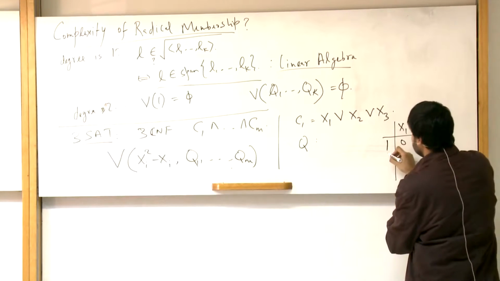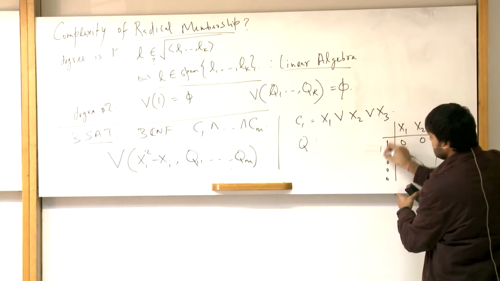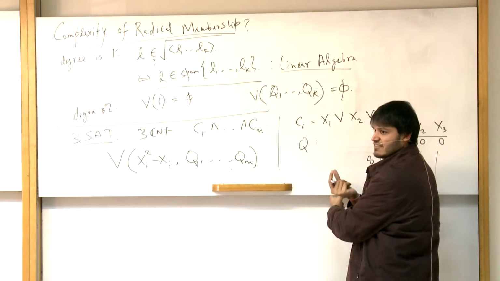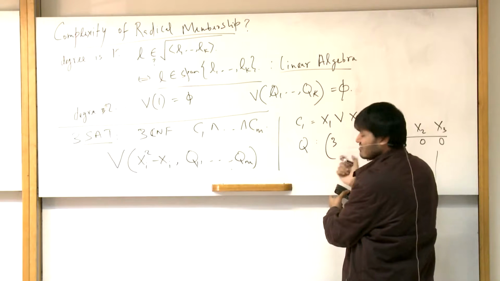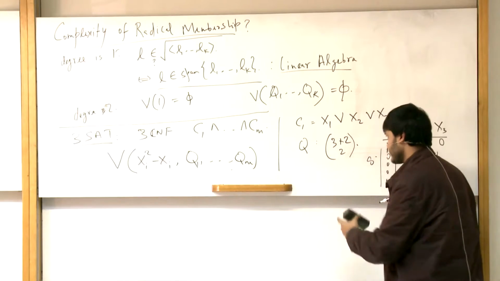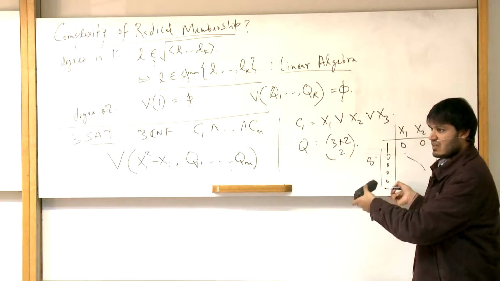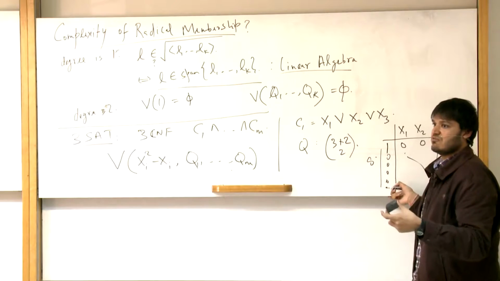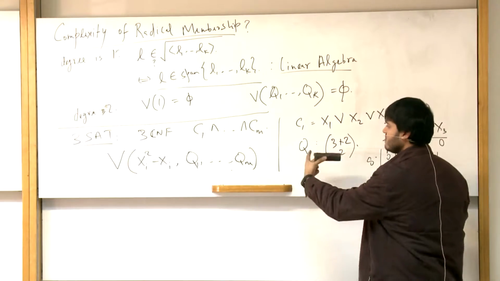Otherwise, this is 0, 0, 0. How many constraints are there? There are 8 constraints. But in a quadratic on 3 variables with degree at most 2, how many coefficients are there? There are 5 choose 2 degrees of freedom. So you can always solve. This is a system of linear equations: every constraint will give you a linear equation, and this is a homogeneous system. So you can always find an appropriate quadratic.